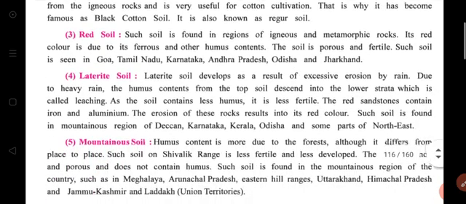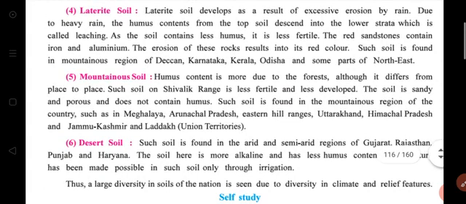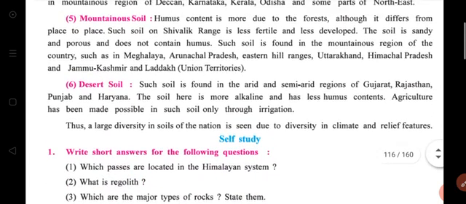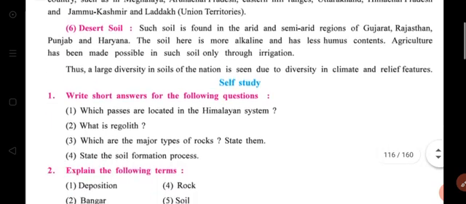Then laterite soil, then mountainous soil, and then desert soil. Clear?